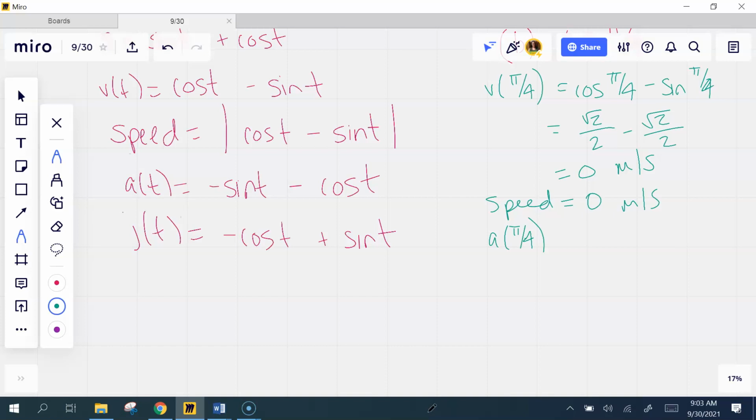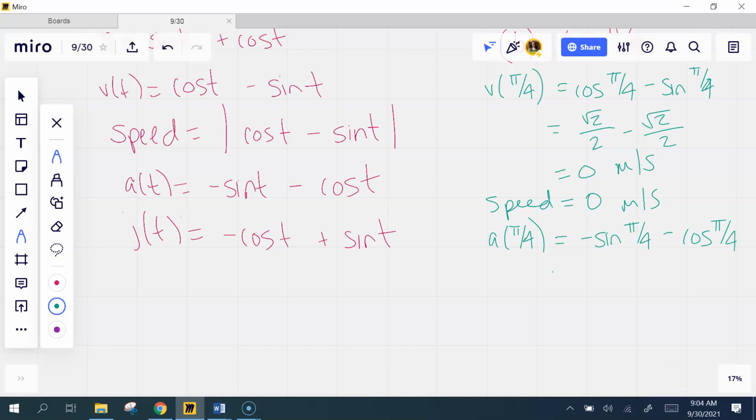Is there no acceleration? Negative sine of pi over 4 minus cosine of pi over 4, right?